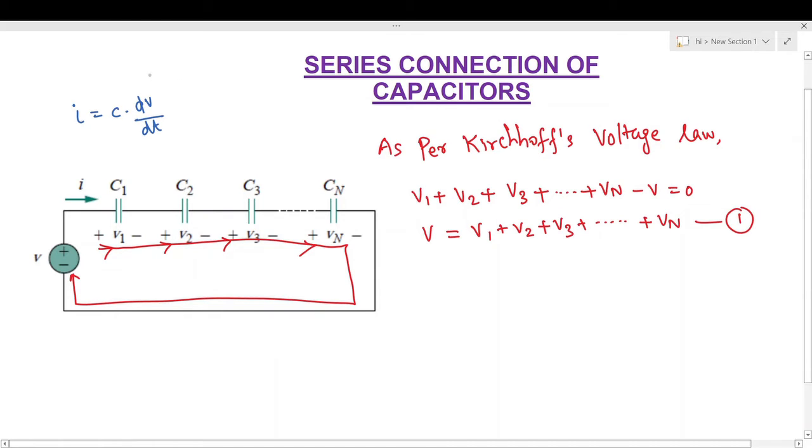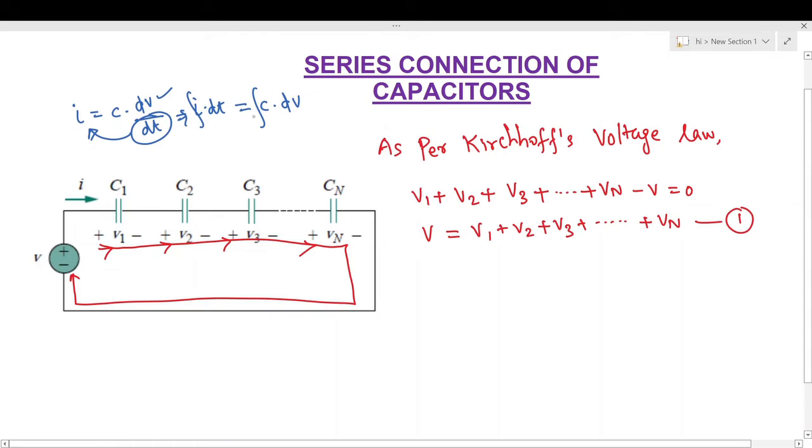Now I want the value of only V. So to find out the value of V, we will transfer this dt term to the left hand side of this equation. So the equation will become I into dt is equal to C into dV. So now integrating both sides of this equation, I'll get the value of V.